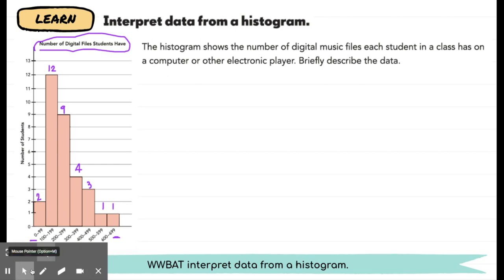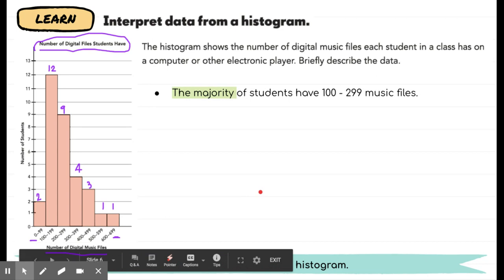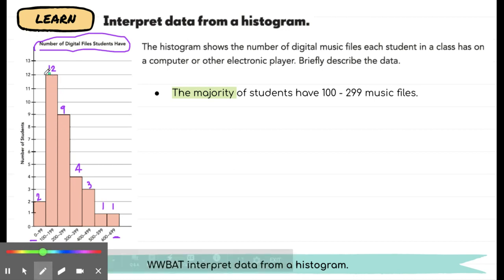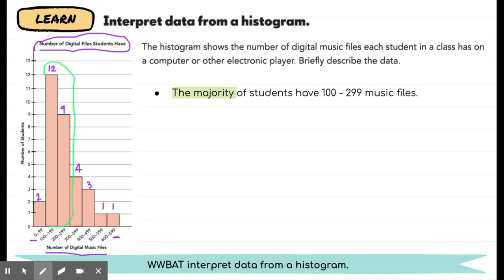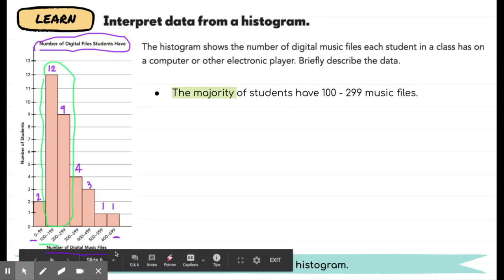A few things I noticed already is that the majority of students have 100 to 299 music files. Majority means more than half. So that is the frequency that I just described.